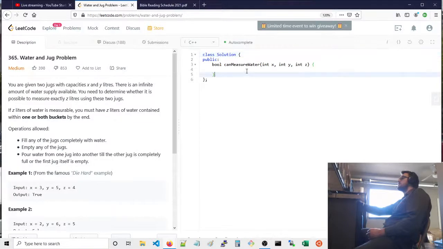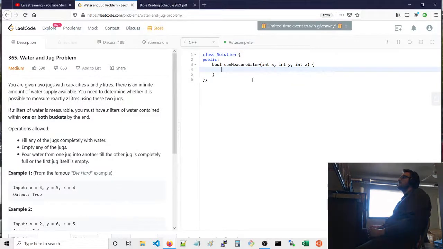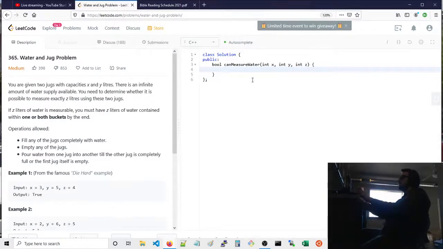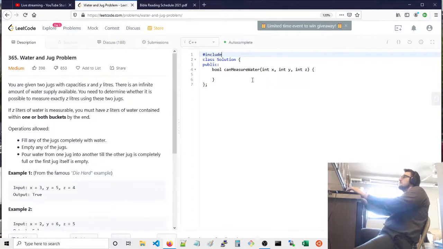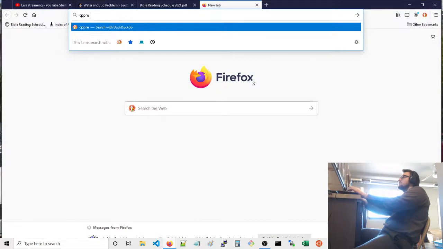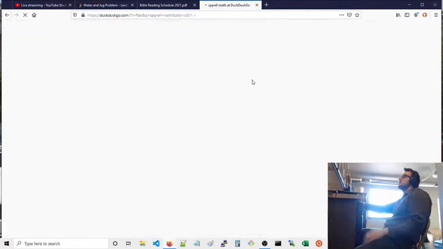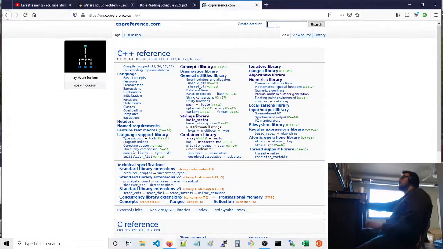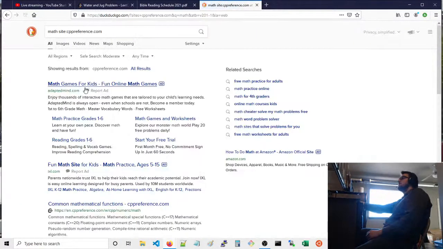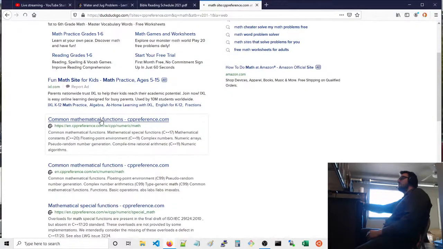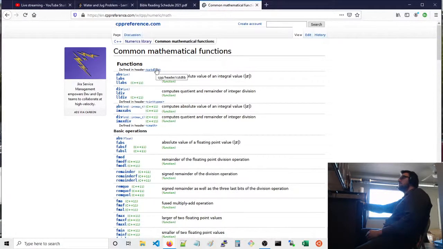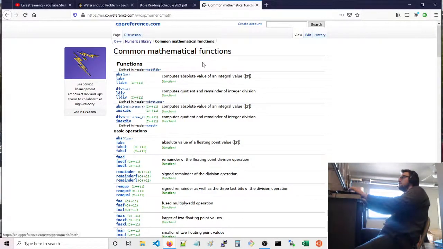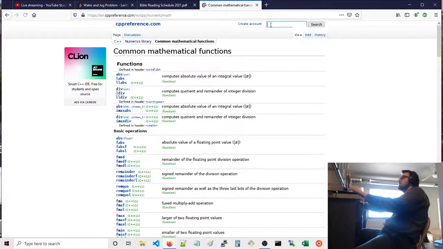I think if the GCD is not 1, if they're co-prime, basically. Co-prime check. Is this math? I think it's a co-primality check. I don't remember though, I can't prove it. So GCD.